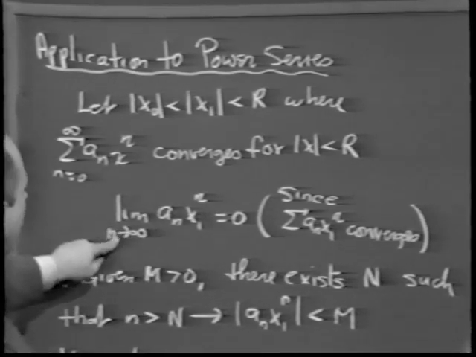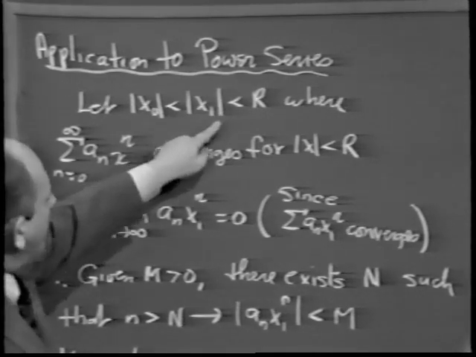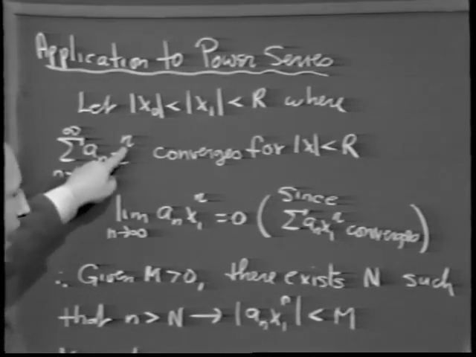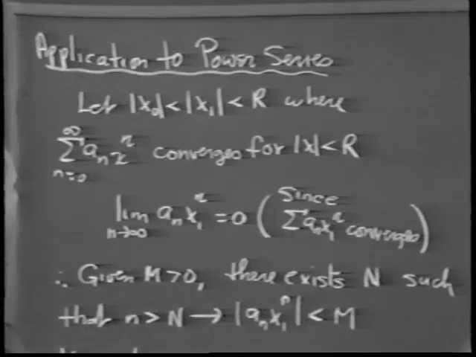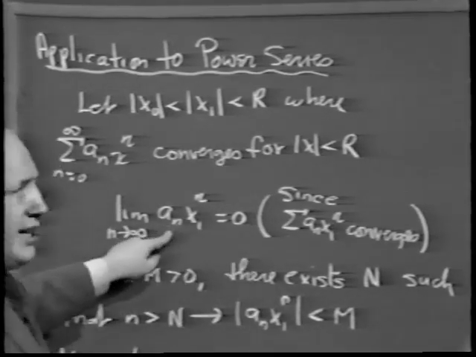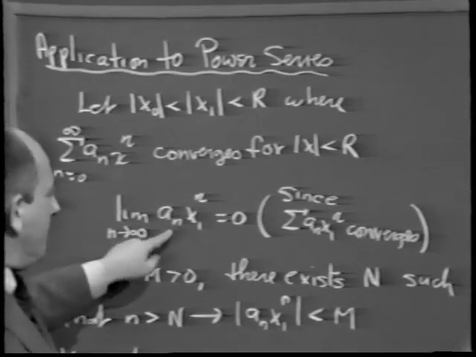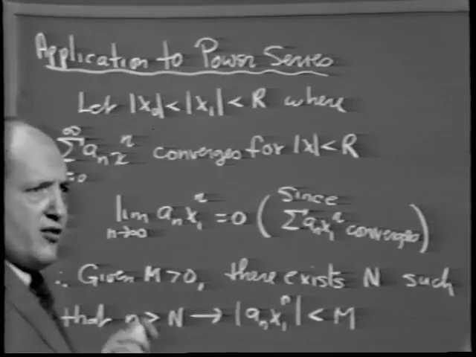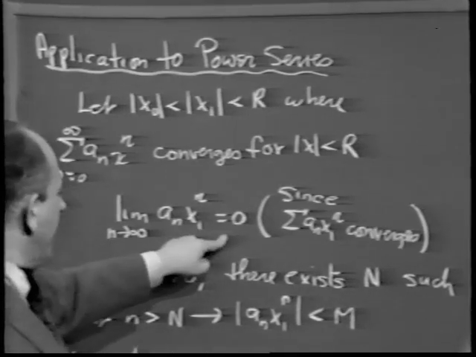First of all, since x1 is within the radius of convergence, that means in particular that summation a_n x sub 1 to the n, as n goes from 0 to infinity, converges. Since this converges, in particular, by the very first test that we learned, the nth term must go to 0. Remember, for a convergent series, the nth term goes to 0.